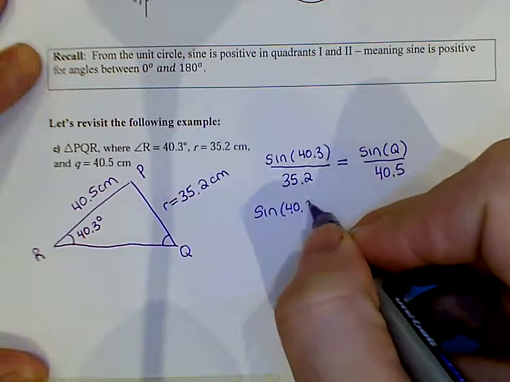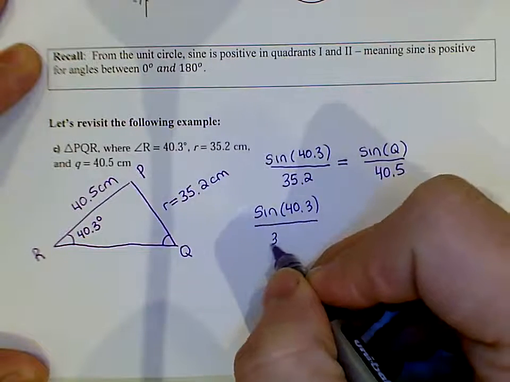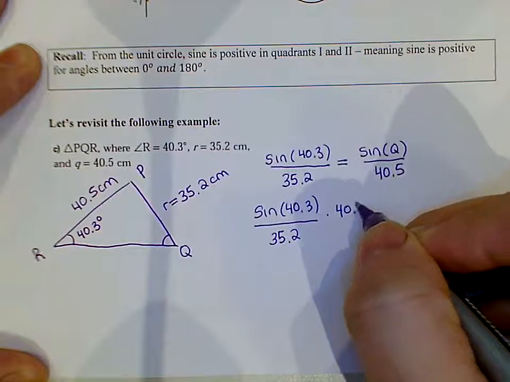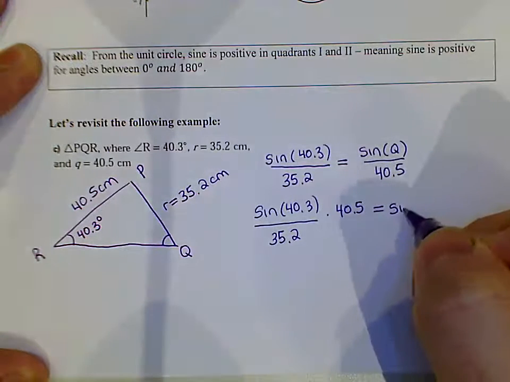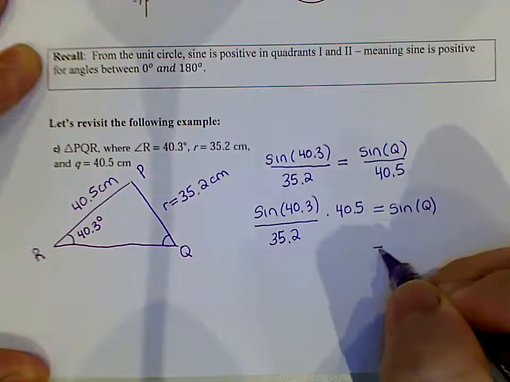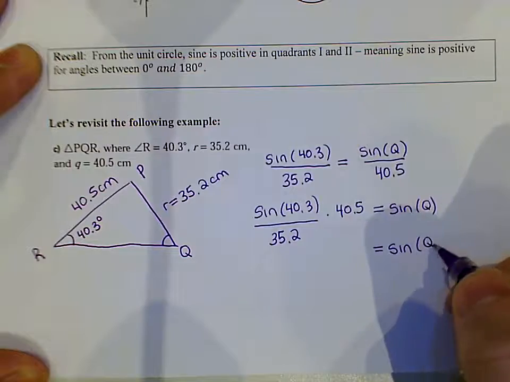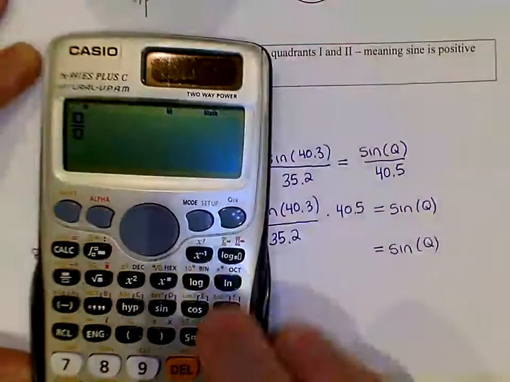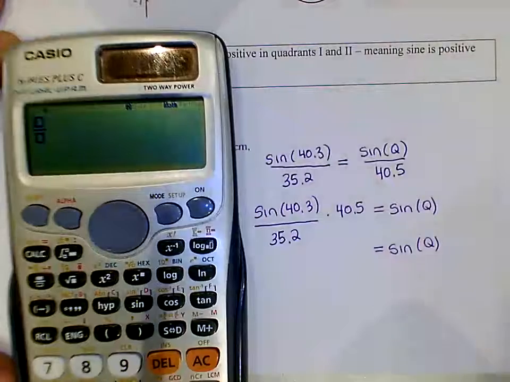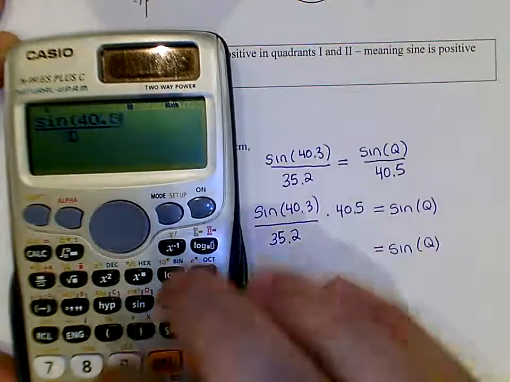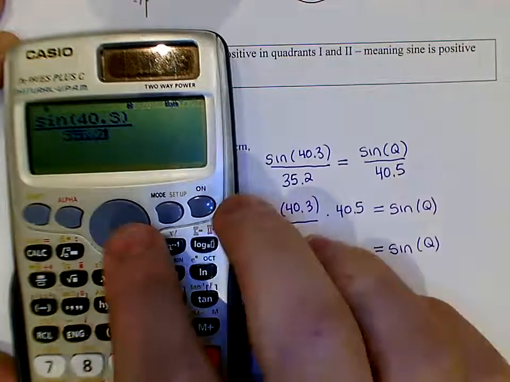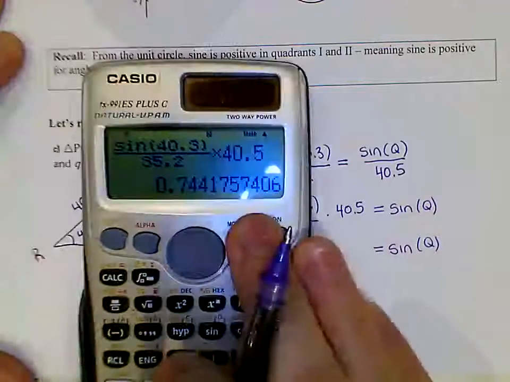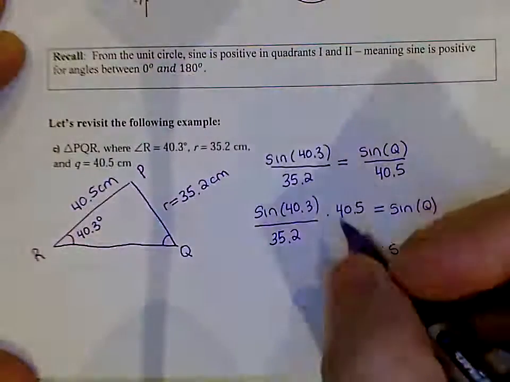So sine of 40.3 over 35.2 times 40.5 equals sine of Q. Let's punch all this in a calculator. So sine of 40.3 divided by 35.2 times 40.5 is 0.744.